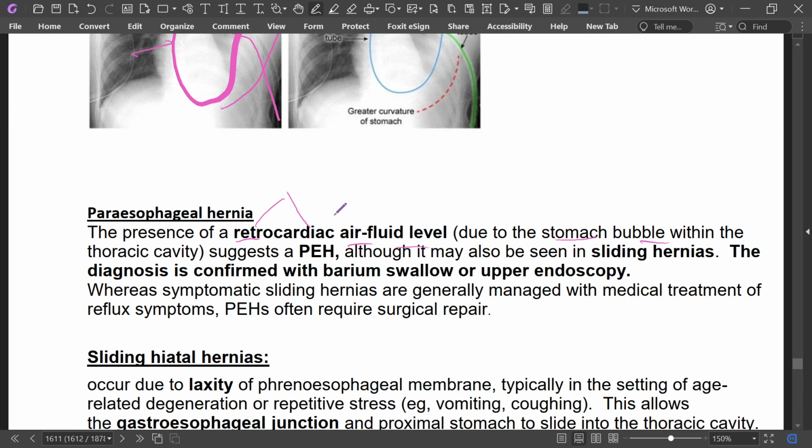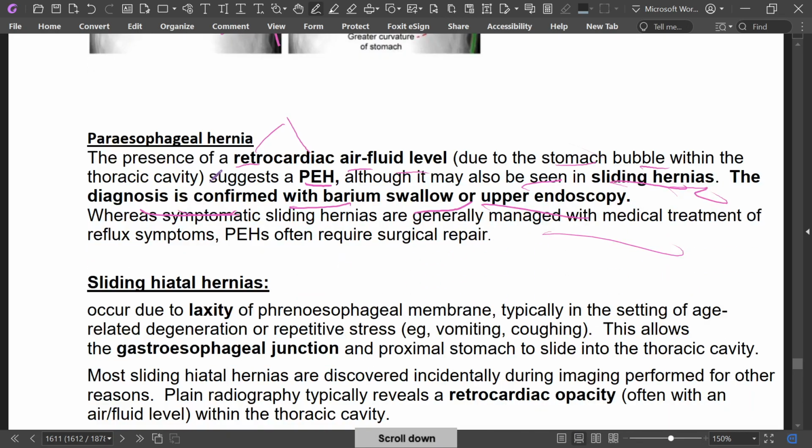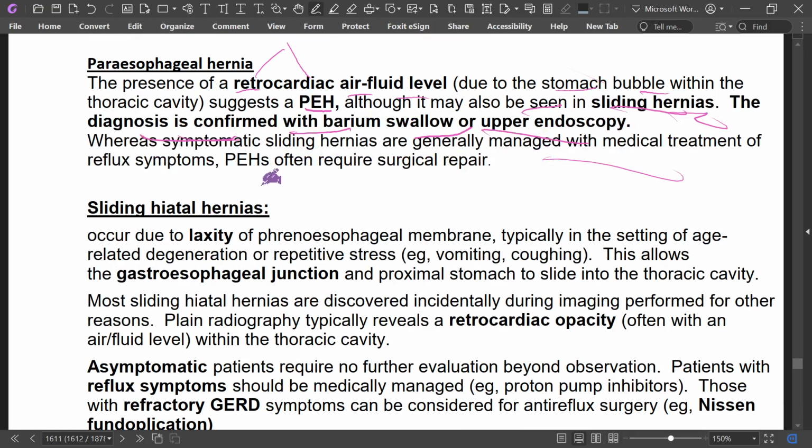This suggests paraesophageal hernia, although it may also be seen in sliding hernia. The diagnosis is confirmed with barium swallow and upper endoscopy, whereas an asymptomatic sliding hernia is generally managed medically for reflux symptoms.